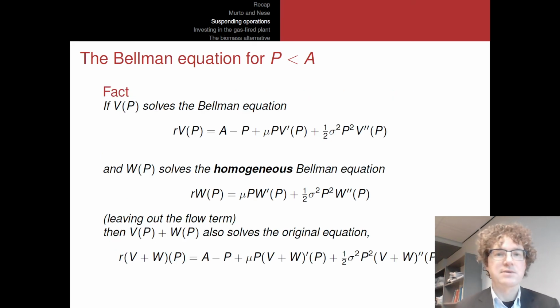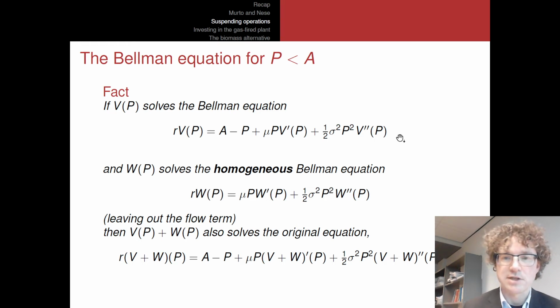The point here is that we can use a useful fact of differential equations, which is the following. If we have one solution, this particular solution to this equation, and that's what we just did, we figured out one solution. If we then also solve that same equation, but now dropping the cashflow term, putting a zero here, it's called the homogeneous Bellman equation.